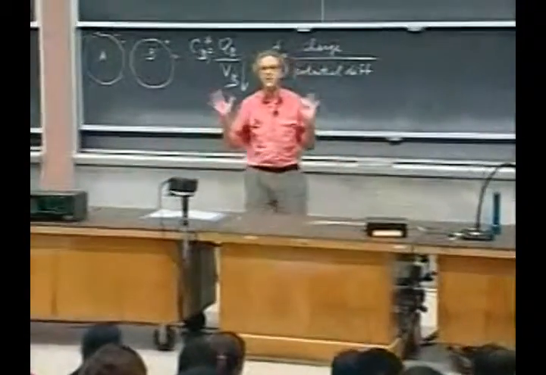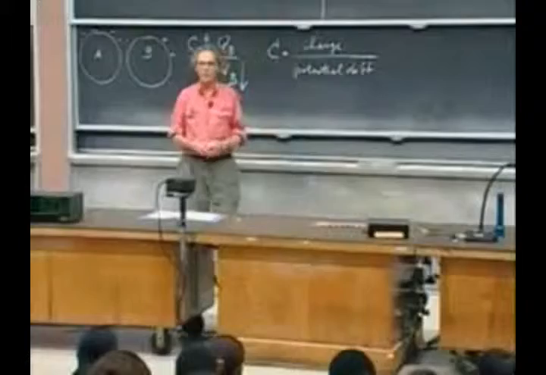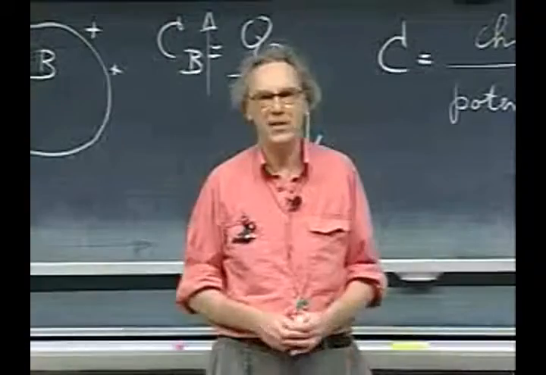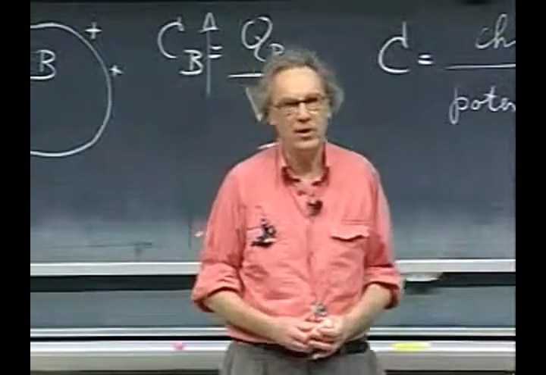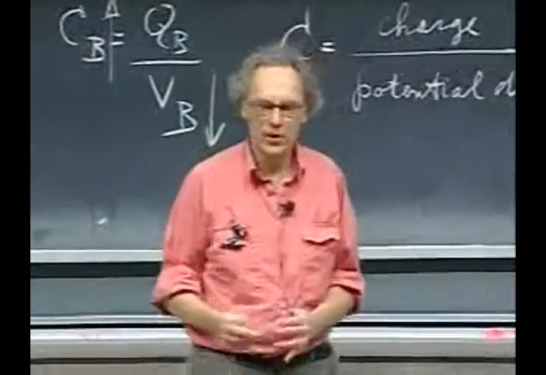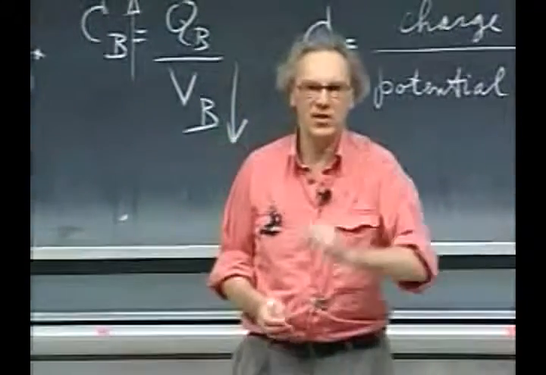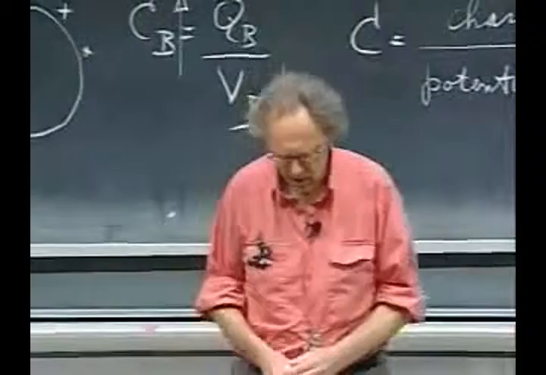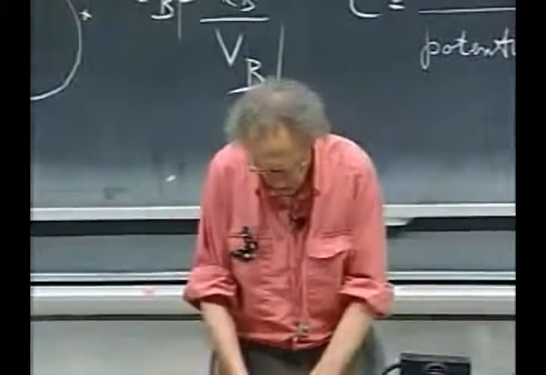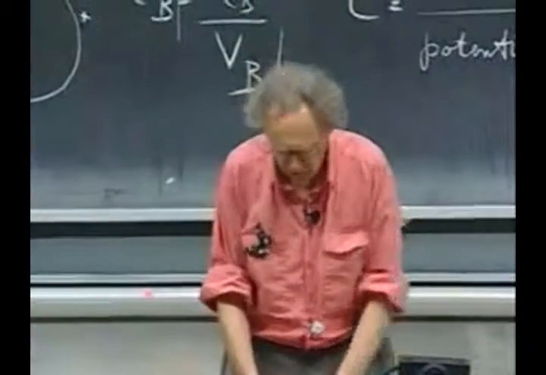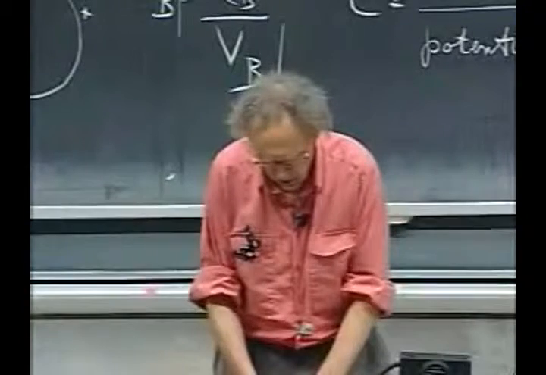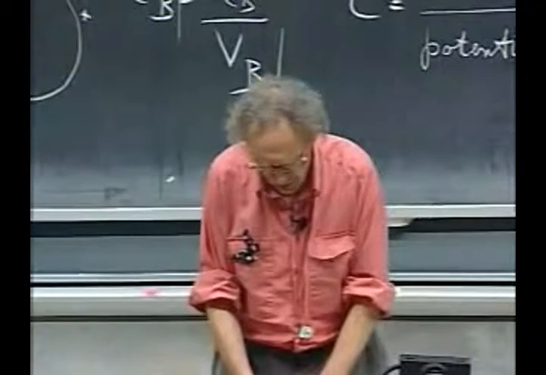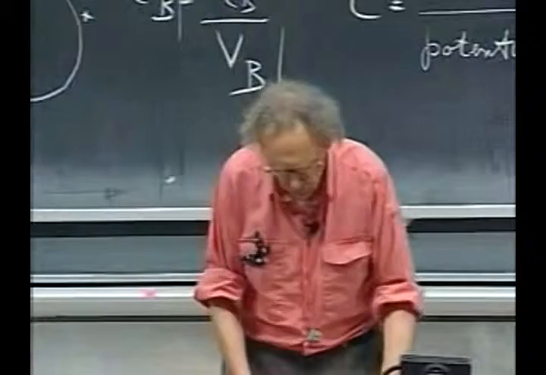And without my doing anything, if one becomes positive, the other one becomes negative by exactly the same amount, because you cannot create charge out of nothing. So if you charge one thing positive, chances are that something else is charged negative by the same amount, but with opposite polarity.